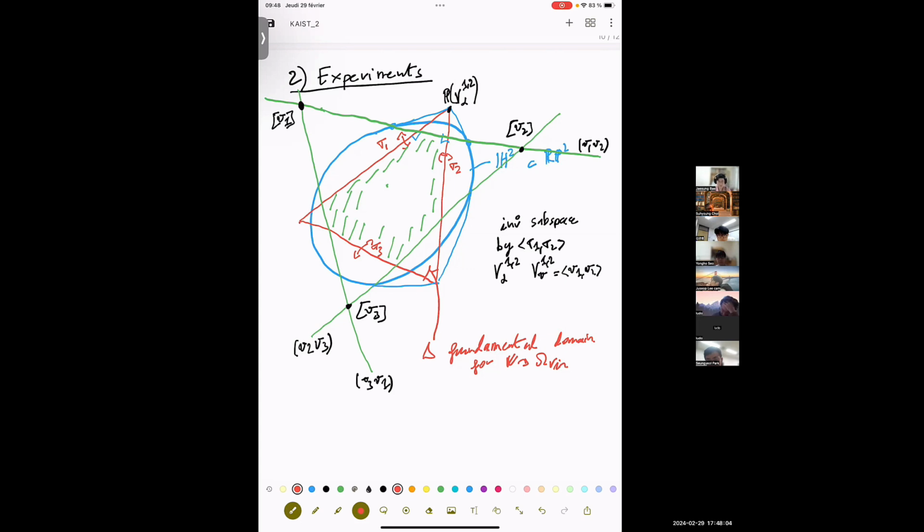Let's just say the action fundamental domain on omega bin, because delta can be a bit more than omega bin. It's a fundamental domain.